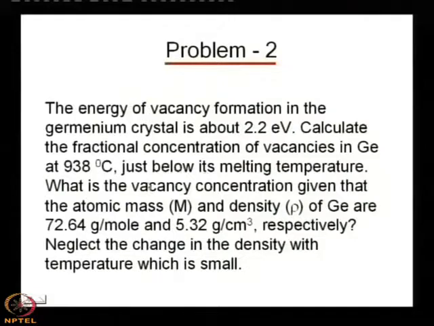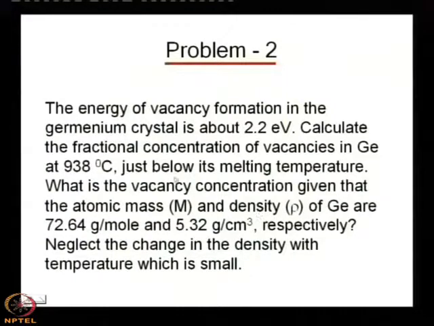So, here also like the previous example, you have to calculate the fractional concentration of vacancies at 938 degree centigrade, and then you have to calculate the actual vacancy concentration. Here you see the number of atoms is not given, rather atomic mass and density are given.